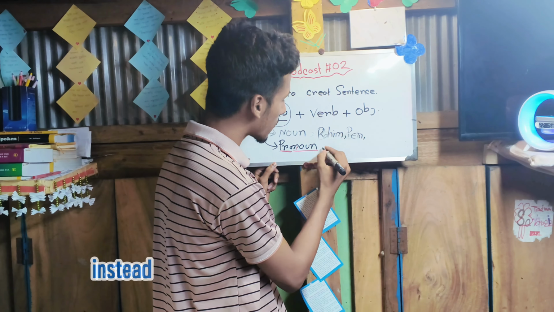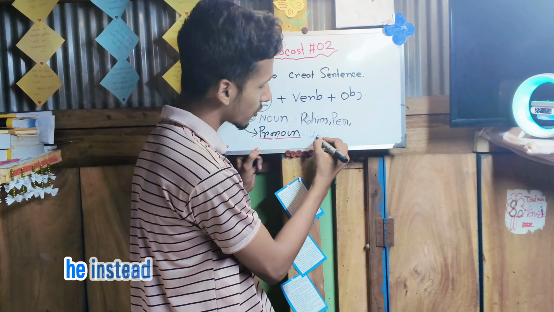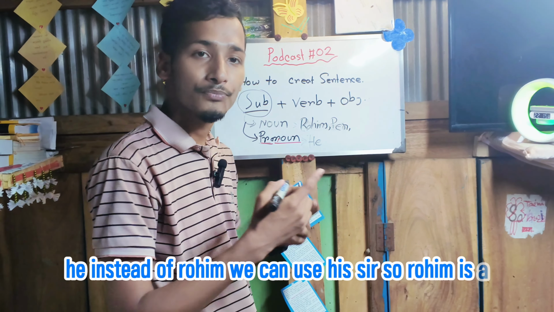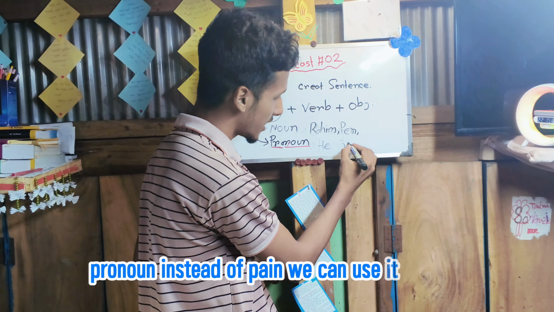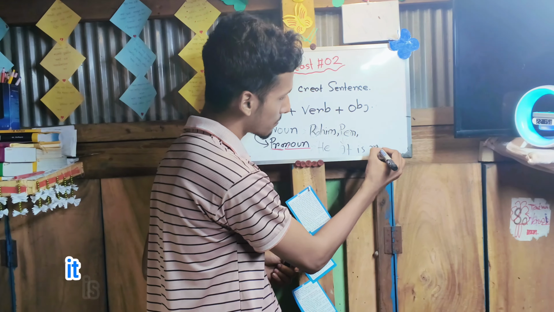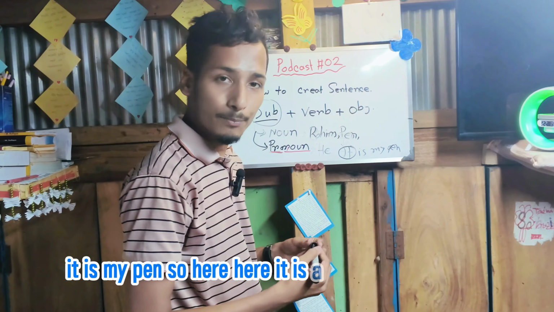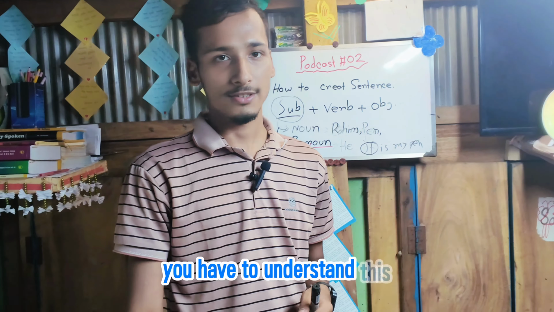Suppose instead of Rahim, we can use he. Instead of pen, we can use it. It is my pen. So here it is a pronoun. Like this you have to understand this.